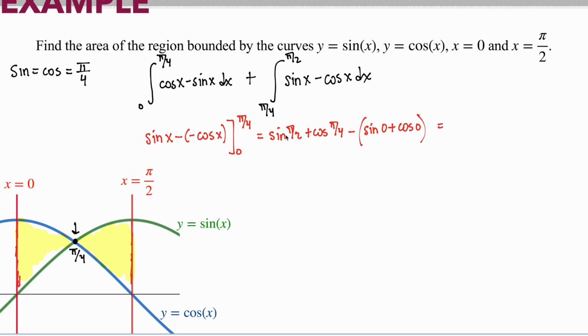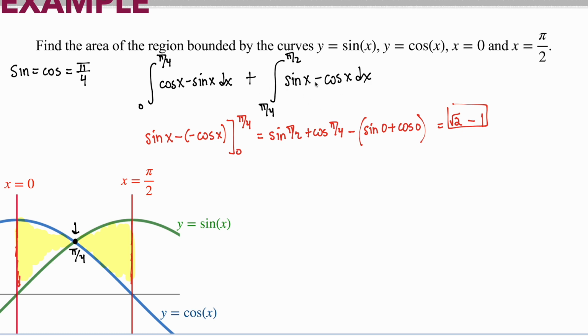So sine is square root of 2 over 2 plus cosine is square root of 2 over 2. So you get 2 square roots of 2 over 2, which is the square root of 2, minus cosine of 0 is 1. Sine of 0 is just 0, but cosine of 0 is 1. So this is the first part.